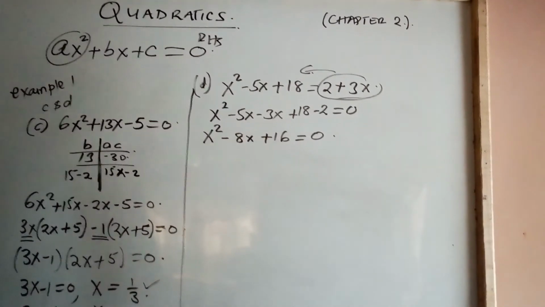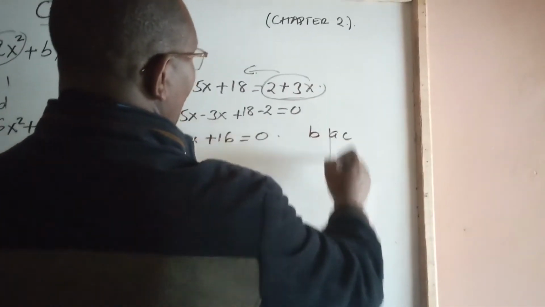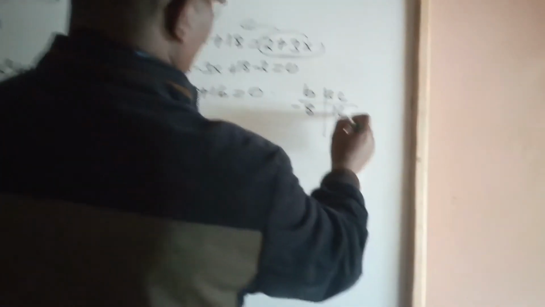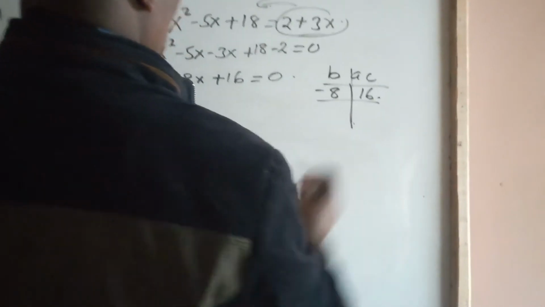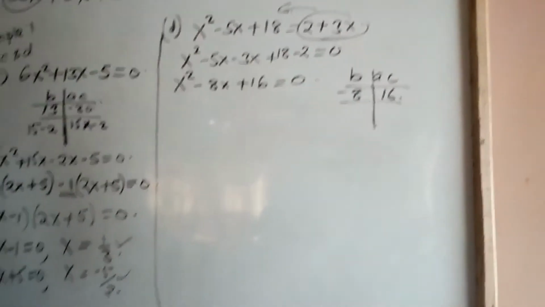At that particular point, now we can have our B and AC. You can see our B is minus 8 and AC is positive 16. Two numbers we multiply, they give us 16, and we add, they give us a negative 8.